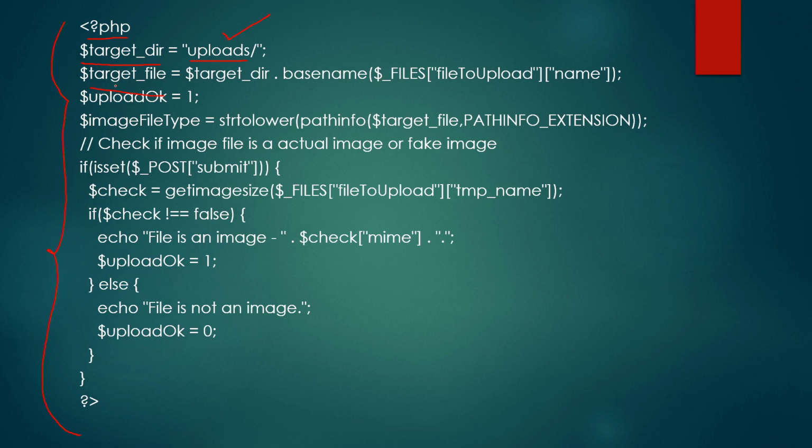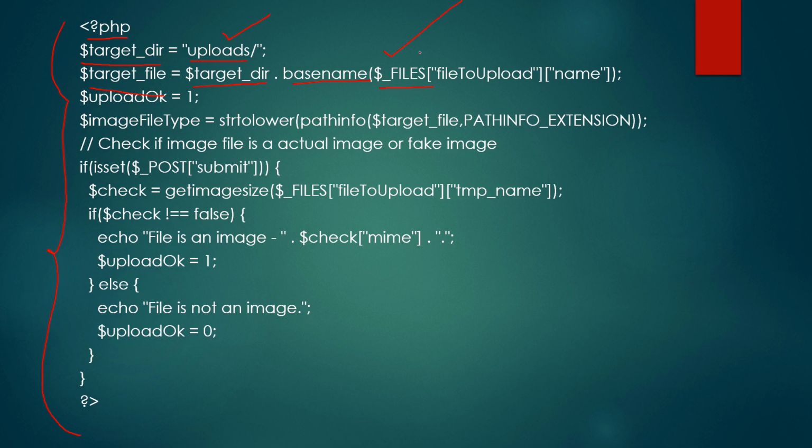Now target_file means I am storing the file inside this directory. I have used the variable target_directory and concatenated it with the file name using basename, which is an inbuilt function in PHP, and $_FILES.